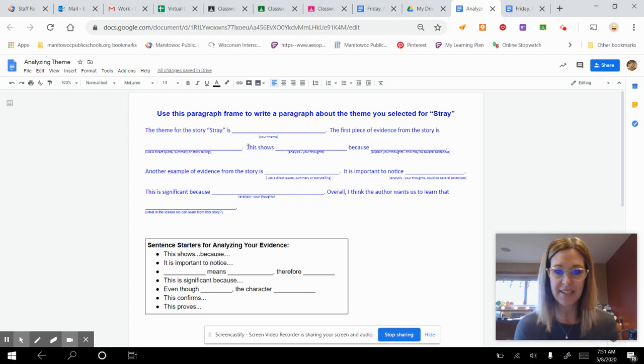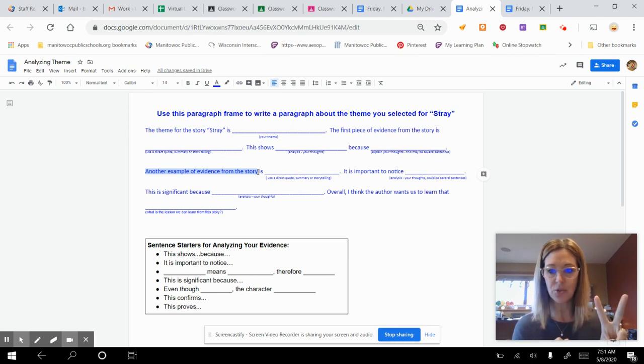Then the next sentence is, this shows. This is the part where that's your analysis. That's where you're telling me how you think this evidence really shows the theme of the story. And then try to provide another piece of evidence. At least 2 pieces of evidence is what I'm looking for.